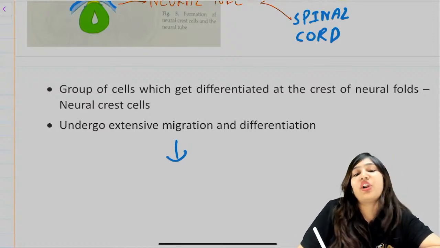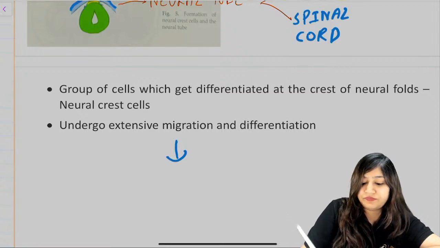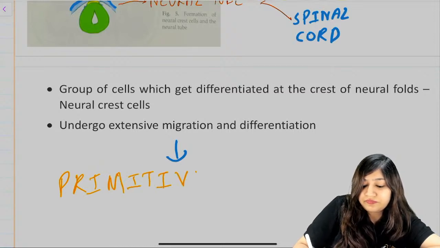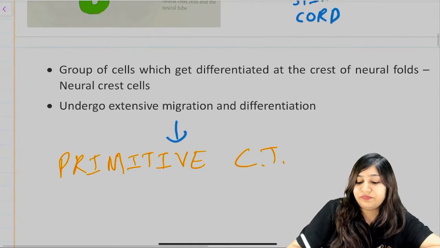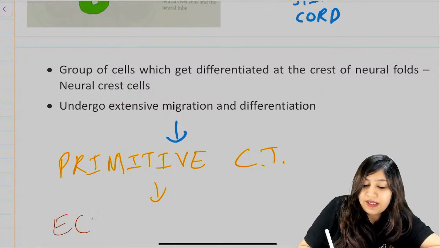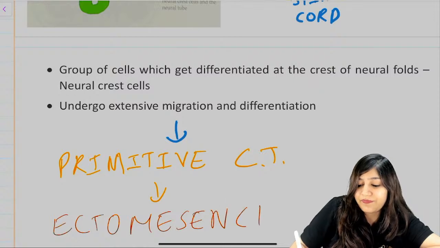This migration and proliferation leads to the formation of primitive connective tissue, which is known as ectomesenchyme.